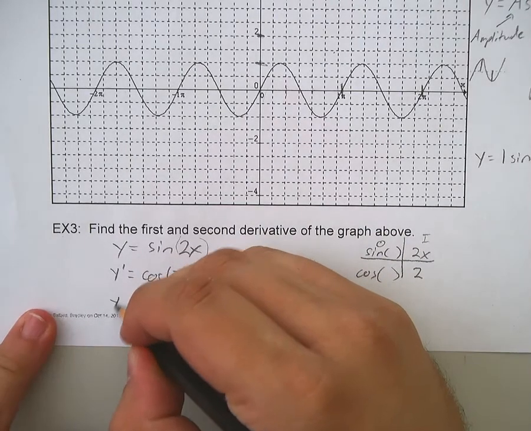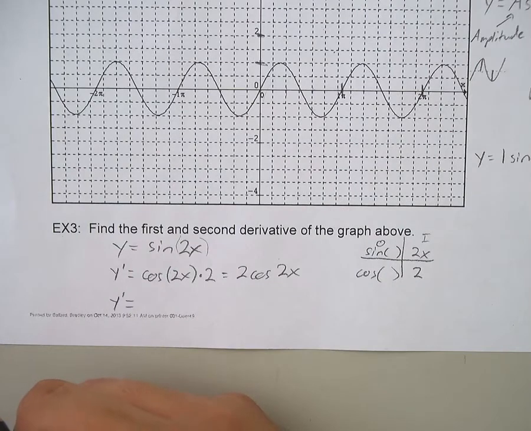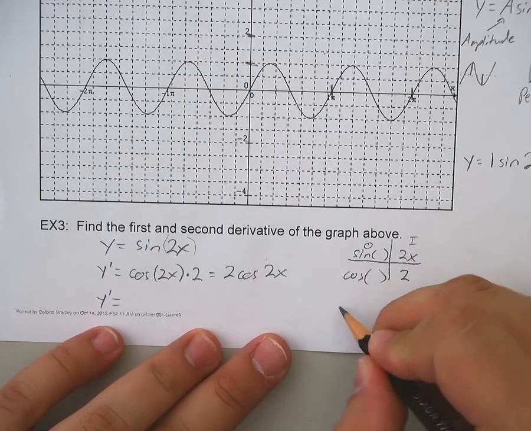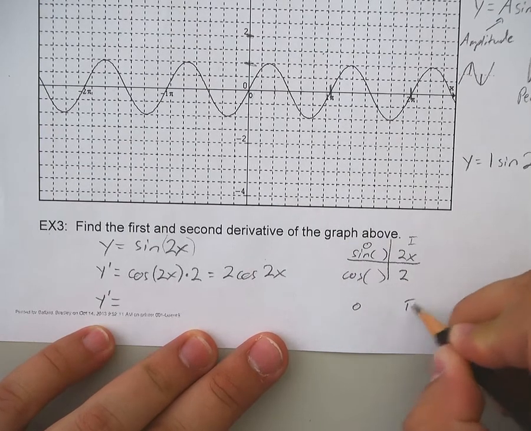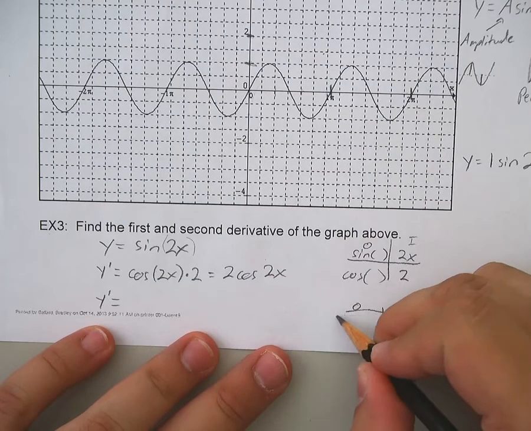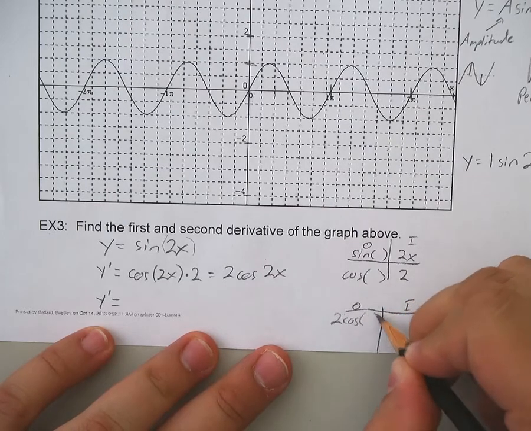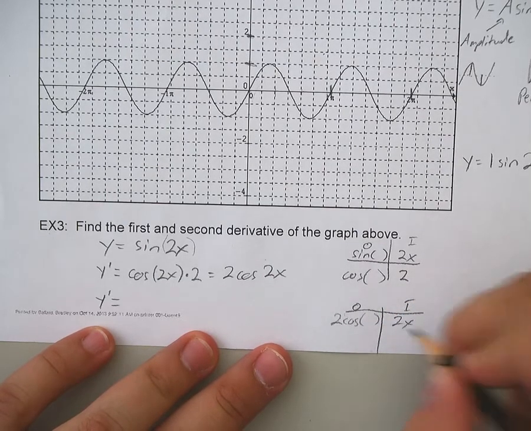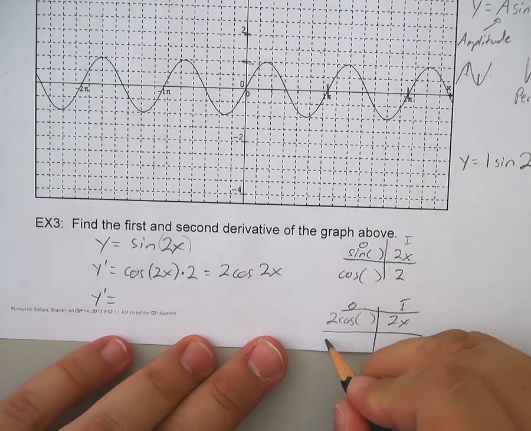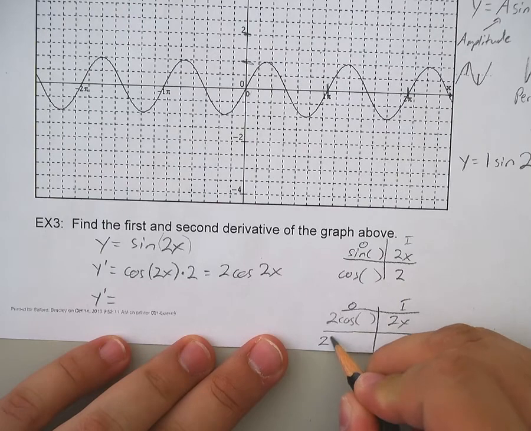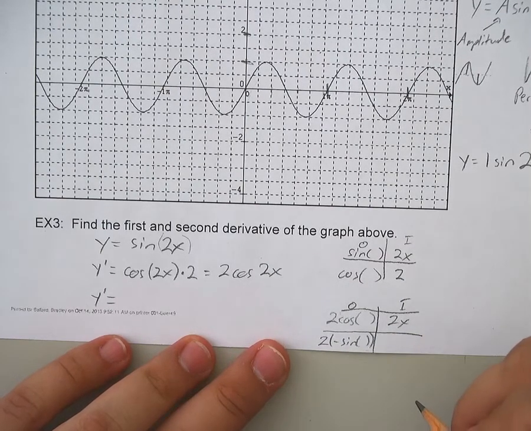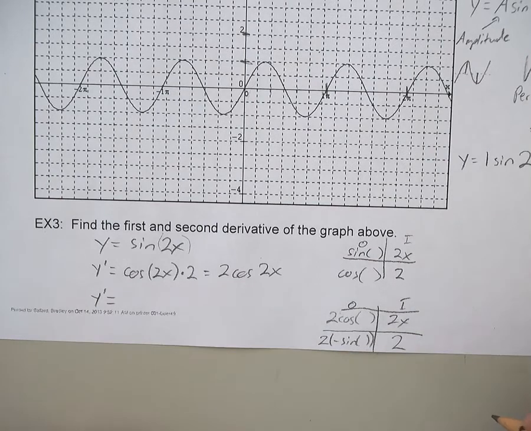Second derivative, we've got our outside and inside. The outside is going to be 2 cosine. The inside is 2x again. So the derivative of 2 cosine is going to be 2 times negative sine, and then times 2.